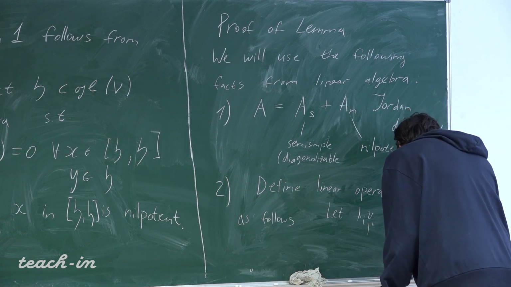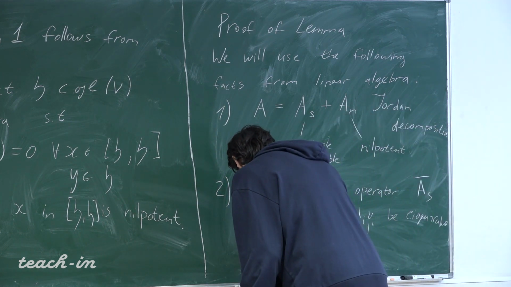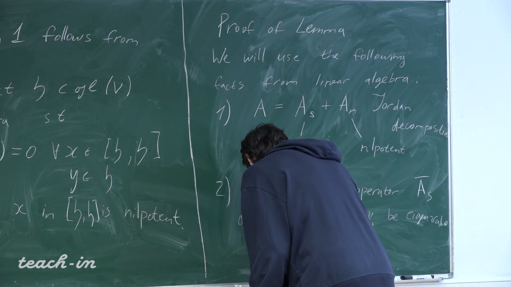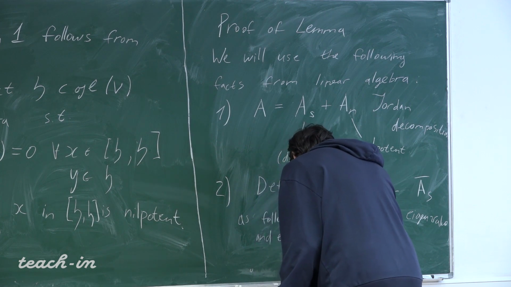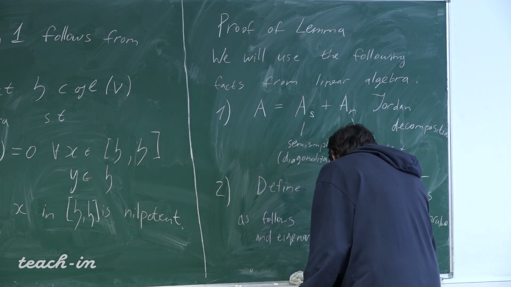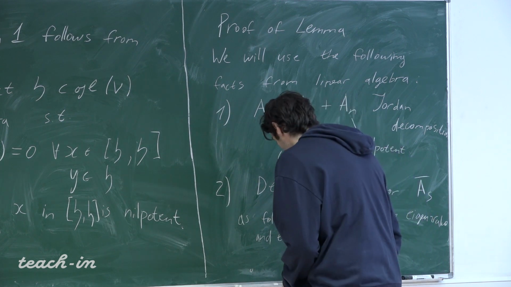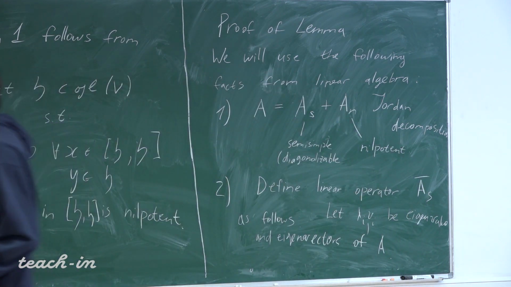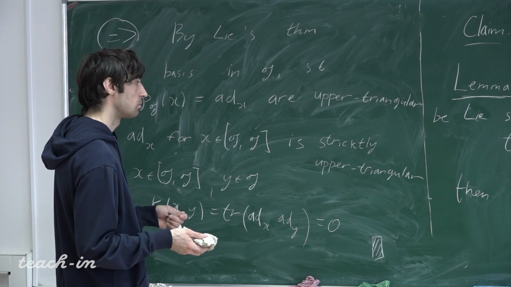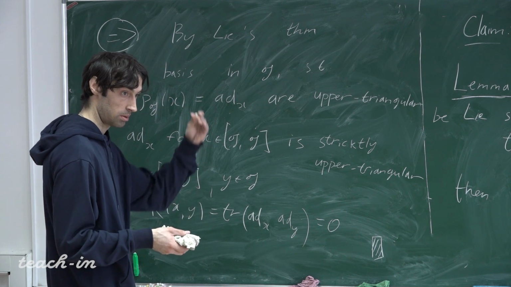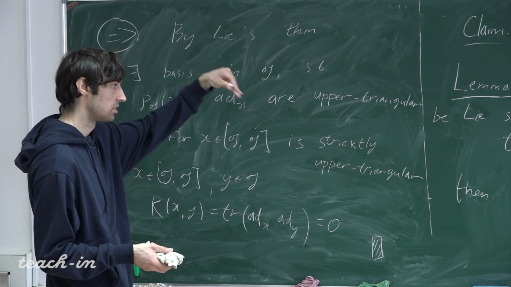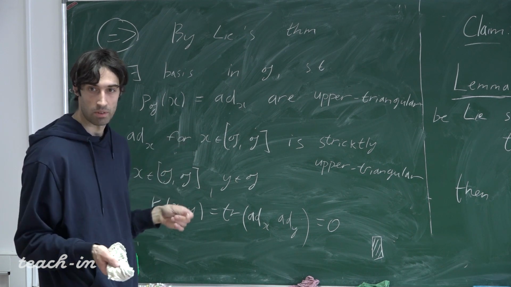Eigenvalues and eigenvectors of A, right? And moreover, they are eigenvalues and eigenvectors of AS as well, the semisimple part. The semisimple part and A have the same eigenvalues.